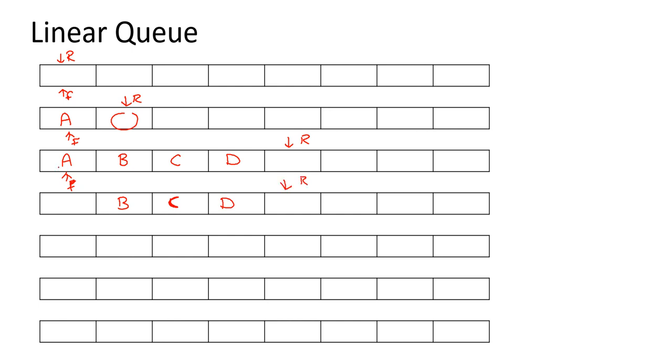We'd take off from the front, so we'd get a copy of A, and then the front pointer would move to B. Officially, A would still exist in memory, but it's no longer getting pointed to, so we're not going to be able to remove it again. The front of our queue at this level is going to be B. There's no more elements in front of it when we've got the pointer to the front there.